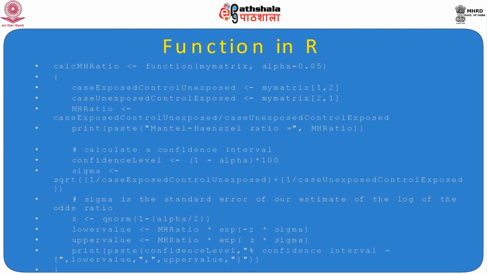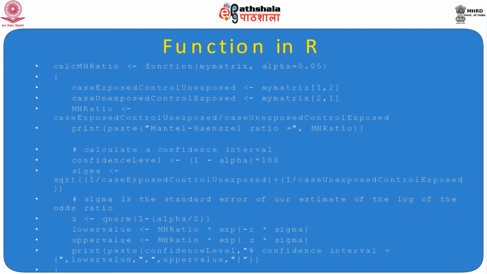To get the 95% confidence interval, we are assigning the confidence level as 1 minus alpha multiplied by 100. The sigma, that is the square root of 1 divided by case exposed control unexposed plus 1 divided by case unexposed control exposed, is used to get the standard deviation of this confidence interval.